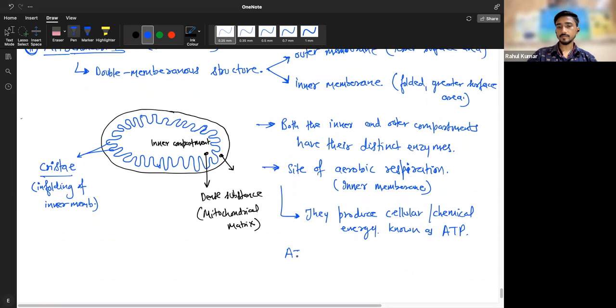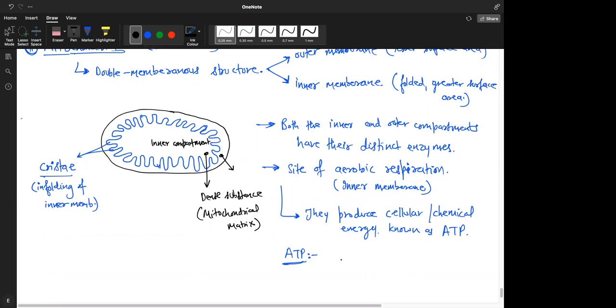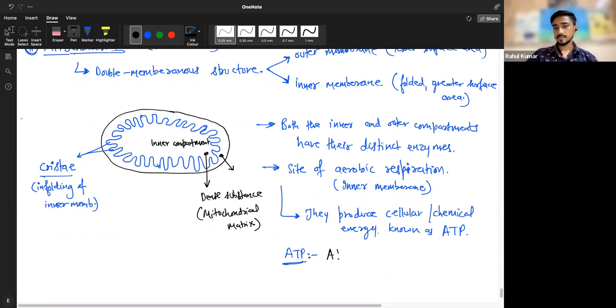What does ATP stand for? It is not in NCERT, but still it can be asked. Adenosine triphosphate. Yes, it is called adenosine triphosphate. Now, this triphosphate word has all the energy.